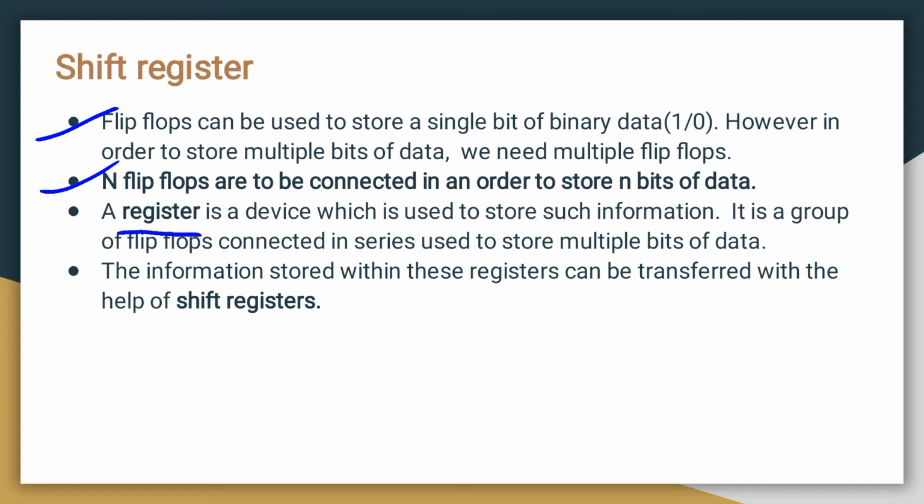So that is register. So next is the shift register. Shift register is like a register where we can transfer the stored data from one flip-flop to other flip-flop. So this is about the introduction of the shift register.